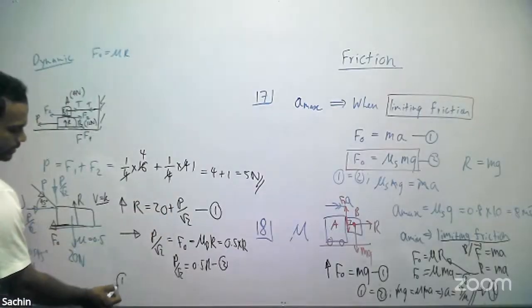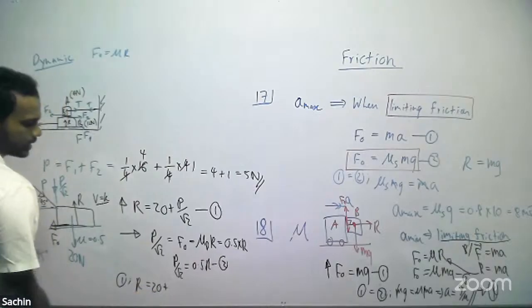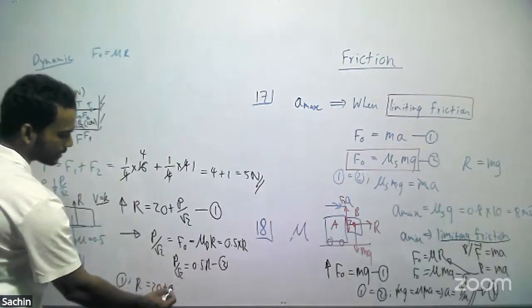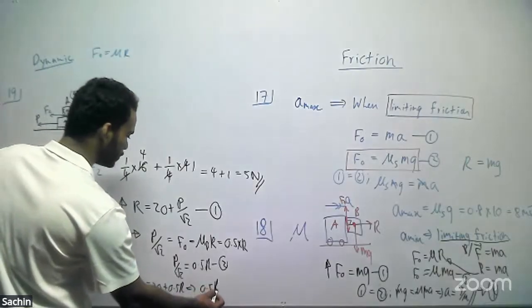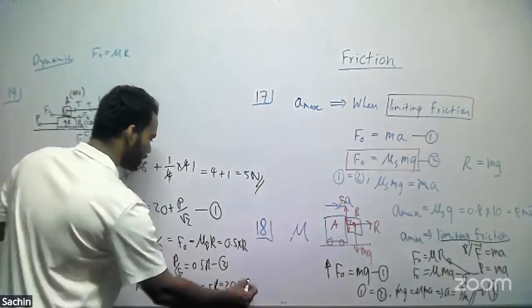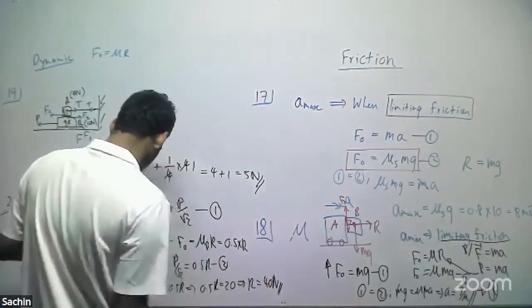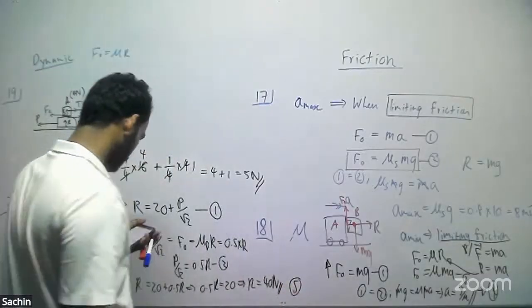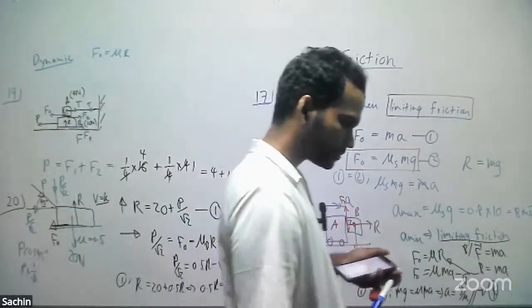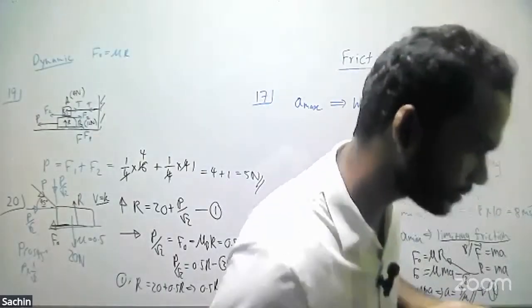First one එකට substitute කරගන්න. For the first one, R should be equal to 20 plus P over root 2, කියන්නේ 0.5 R නේ. Then if you solve this, 0.5 R is equal to 20, then R is equal to 40 Newton. So the reaction is 40 Newton, which is the fifth answer.